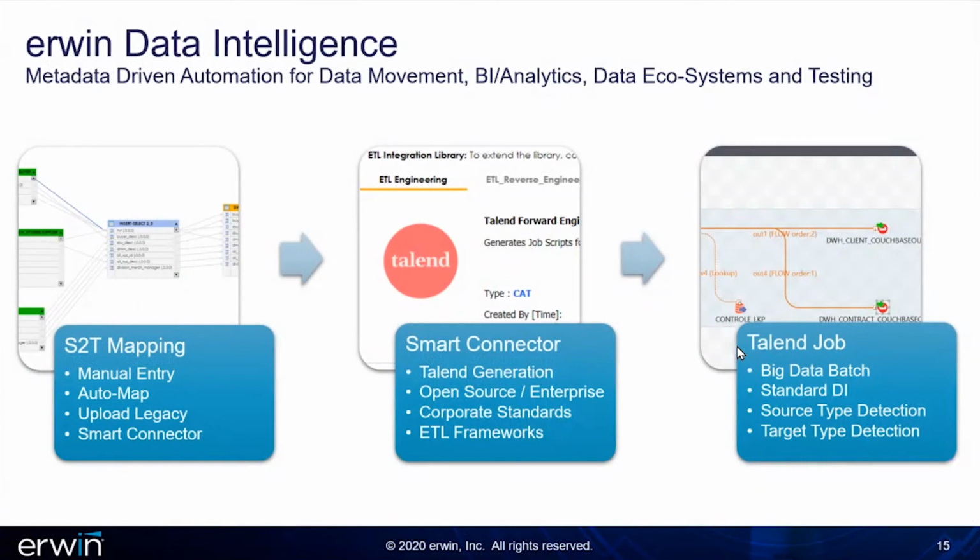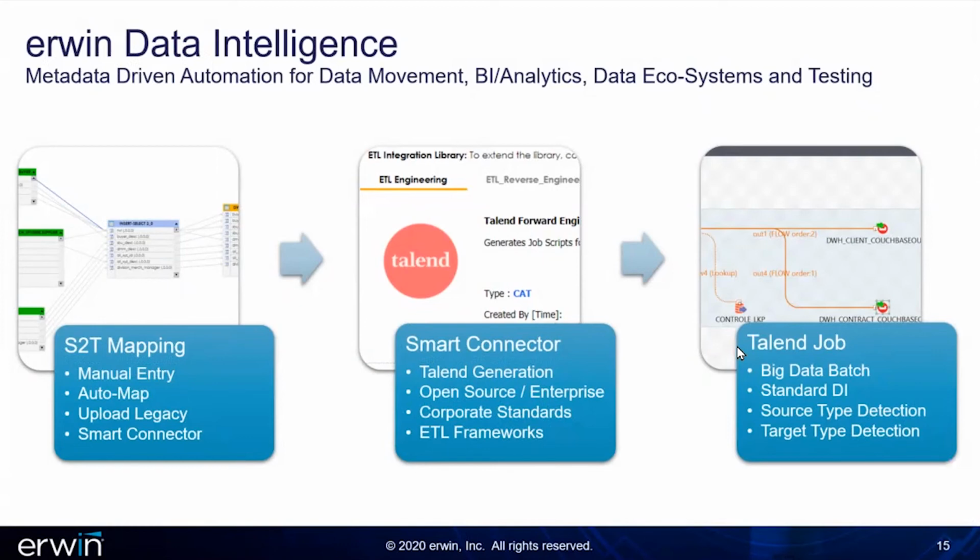We also have something called smart connectors, where we can pull in all of your data movement processes, all of your data consumption endpoints like business intelligence and reporting environments, as well as larger data ecosystems, with the goal of capturing data in motion, or data movement, and data consumption across your environment.